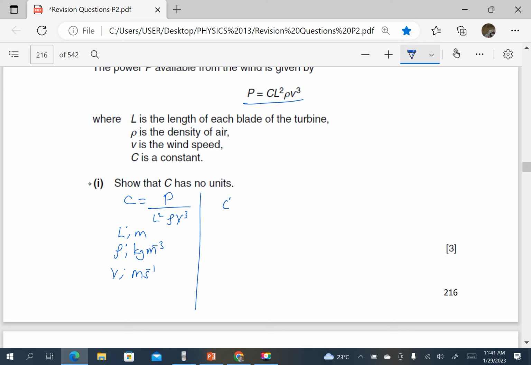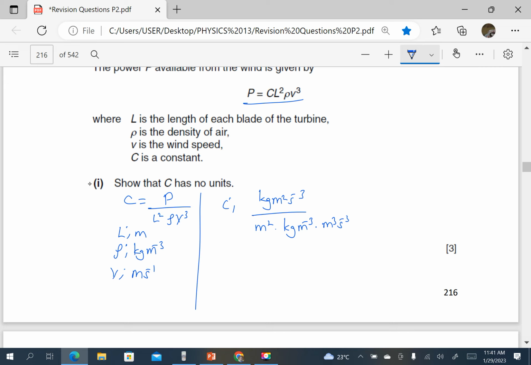So the units for C will be those of power that we have above, kilogram meters squared per second cubed, divided by L, which is meters but is squared, times density, which is kilogram per meters cubed, times V, which is meters cubed per second cubed, because it is raised to power 3.